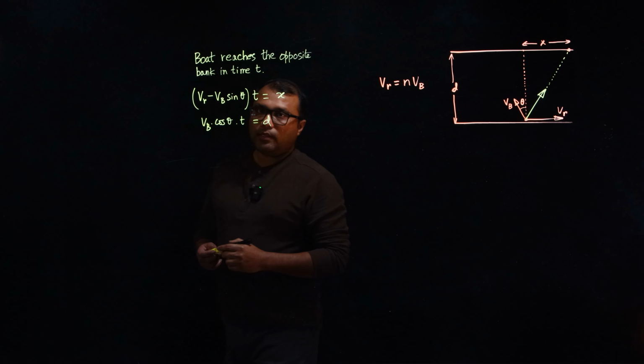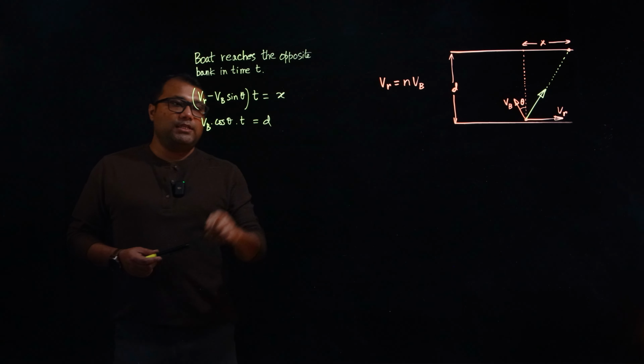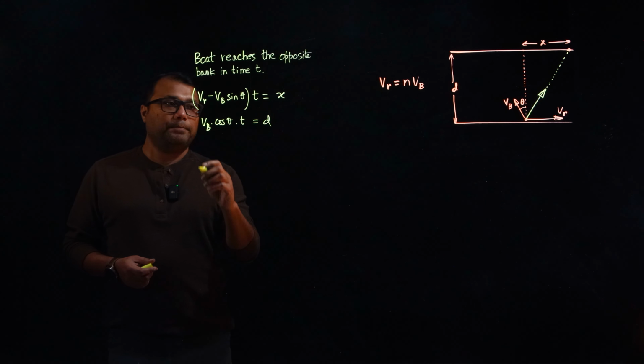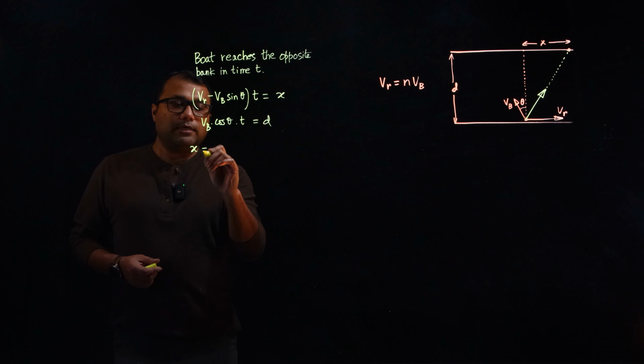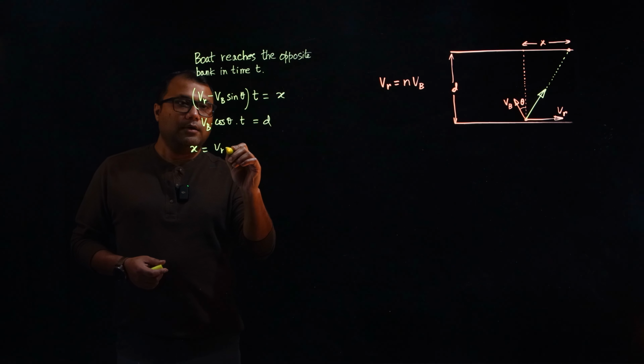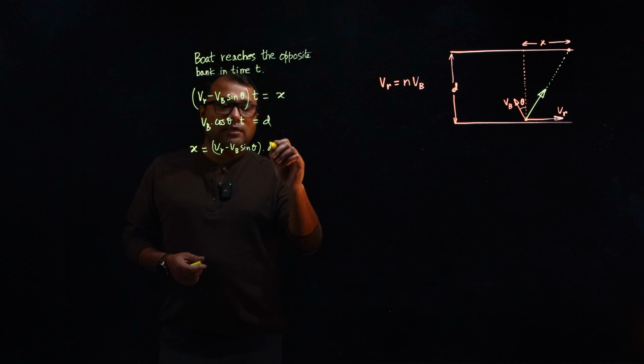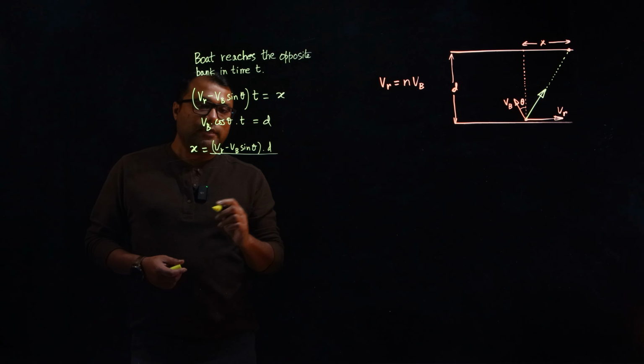Now let's replace t by d divided by VB cos theta in equation 1. So then x becomes VR minus VB sine theta times d divided by VB cos theta.